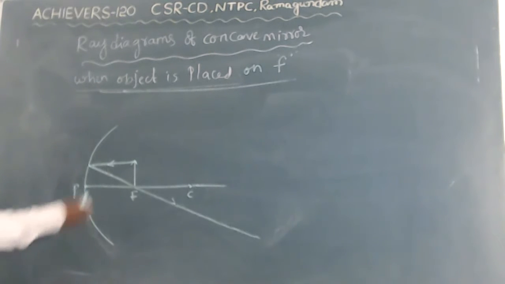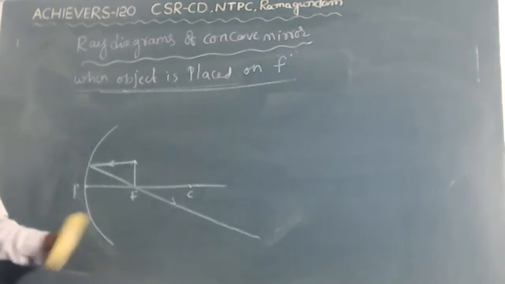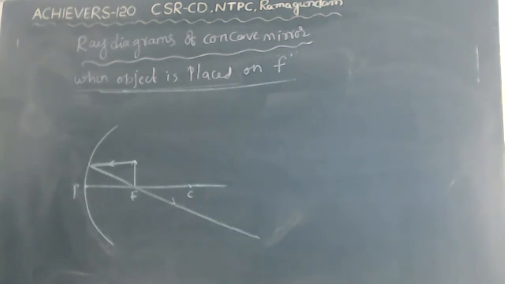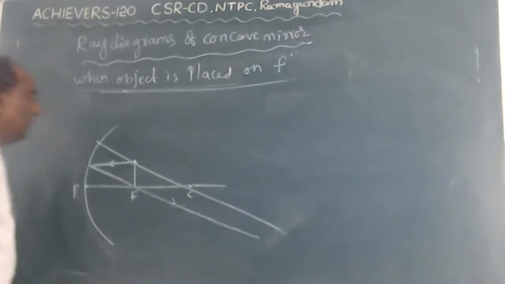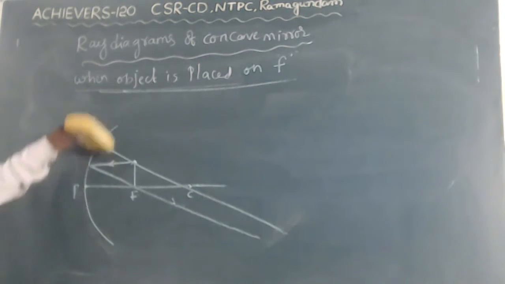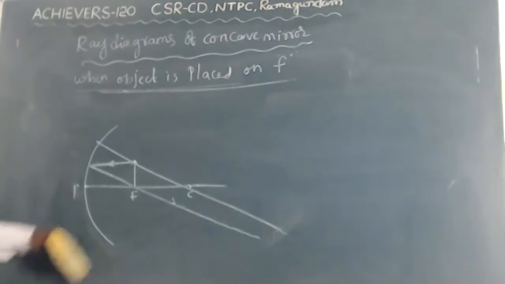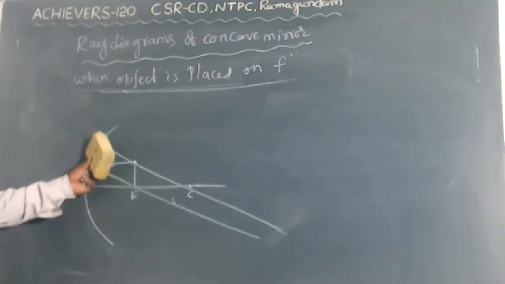So now R1 is completed, and it is very difficult to draw the R2 diagram here. So then we have to take R3 now. The two rays move parallel to each other. They are not intersecting. It means the image forms at infinity.